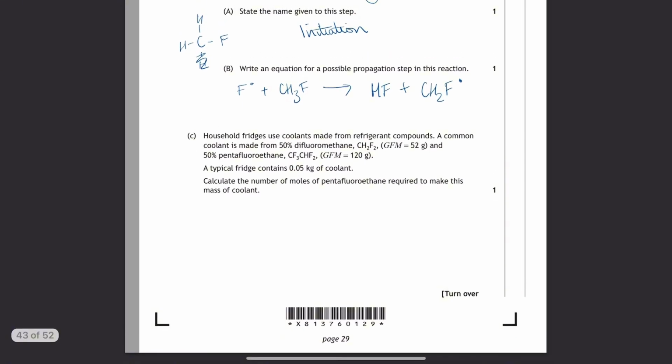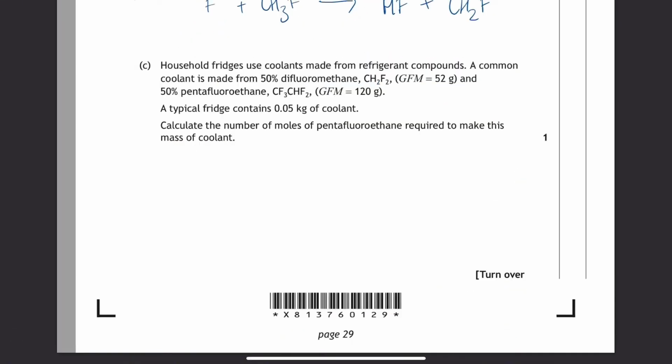So then question C. So we want to know the number of moles of pentafluoroethane, so that's 50% of that mass. So we need to find 50% of 0.05 kilograms first of all. So if we divide 0.05 by 2, that gives us 0.025 kilograms. So because we've got the GFM, we can work out the number of moles.